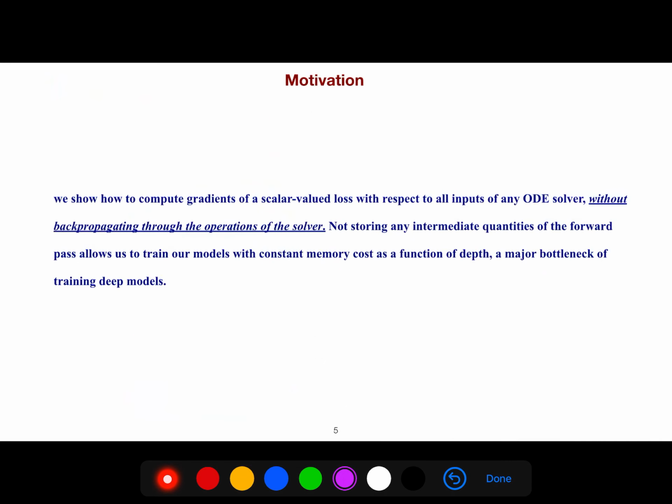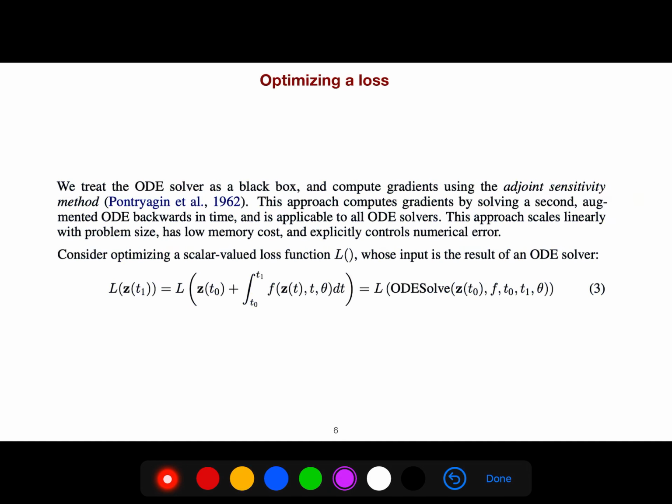And the motivation is that we show how to compute the gradients of a scalar valued loss with respect to all inputs of any ODE solver without backpropagating through the operations of the solver. And not storing any intermediate quantities of the forward pass allows us to train our models with constant memory cost as a function of depth, a major bottleneck of training deep models.